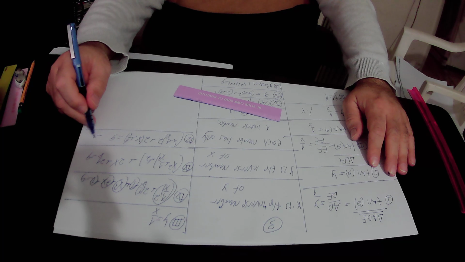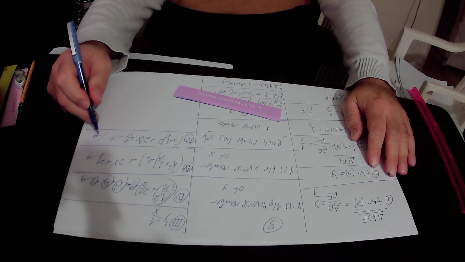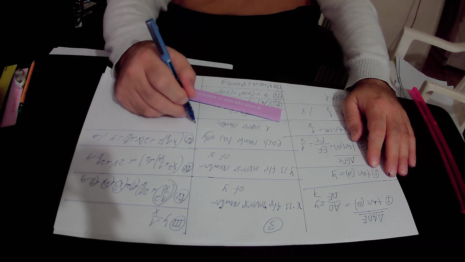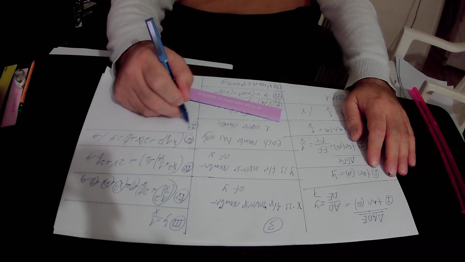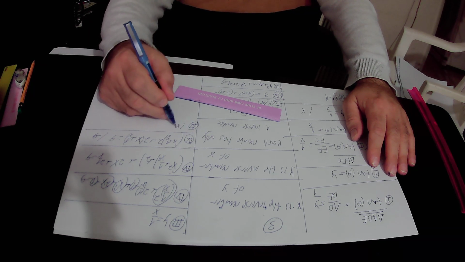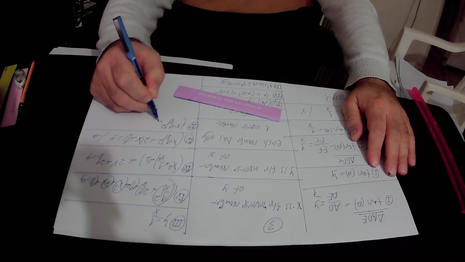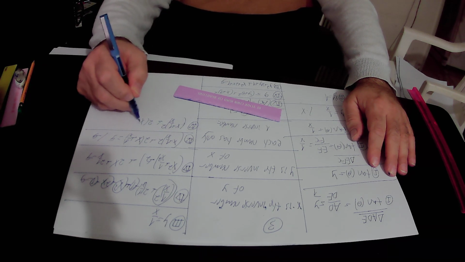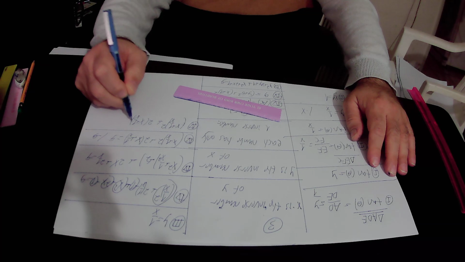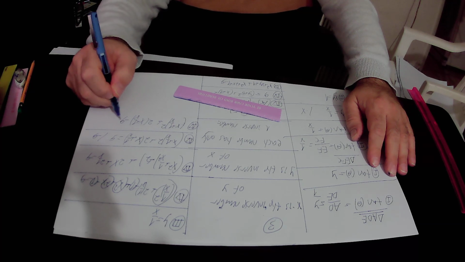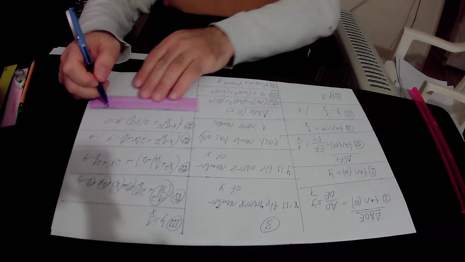Here we will subtract 9 from this equation, and we will get that x plus 1 over x squared plus 2 times x plus 1 over x minus 9 equals 0.